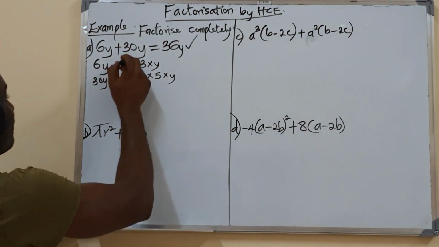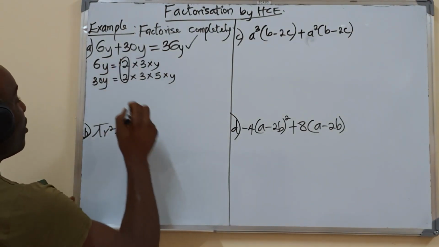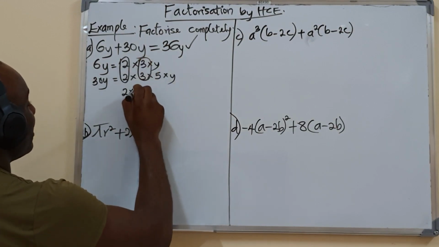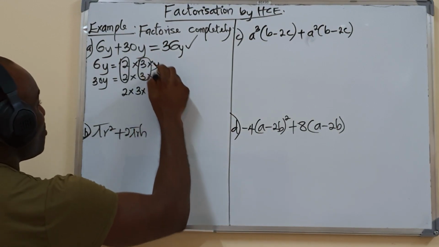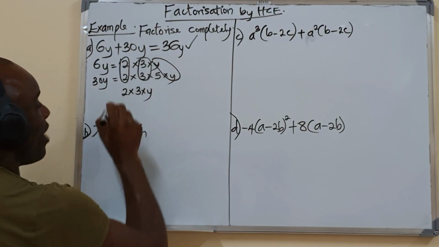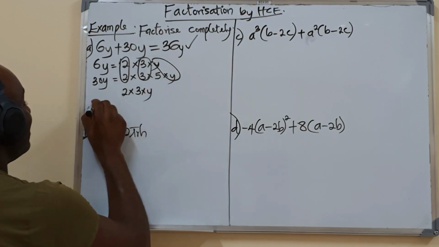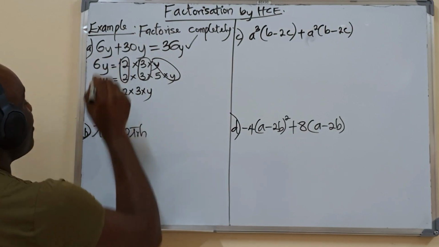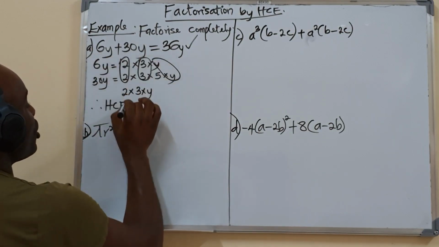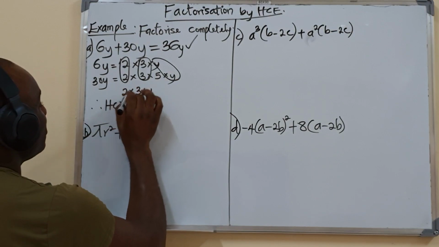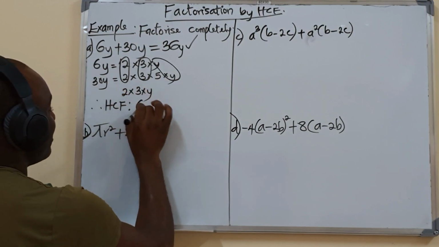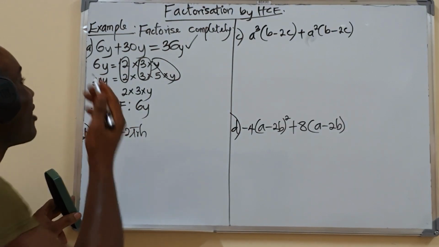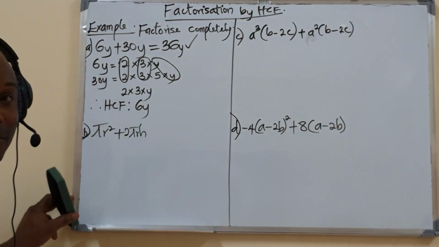By HCF, what's common? 2 and 2 common, I'll bring it down. 3 and 3 common, I'll bring it down. y and y common, I bring it down. And that gives us that the HCF of 6y and 30y is 2 times 3, 6, times y, 6y. This is the HCF.